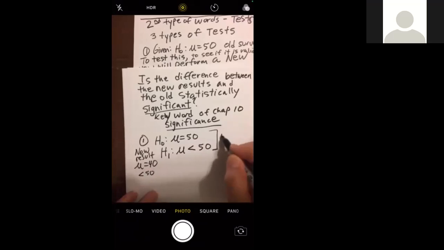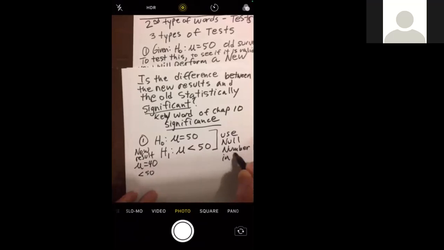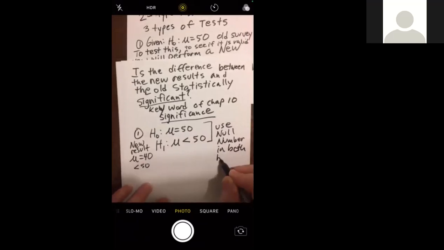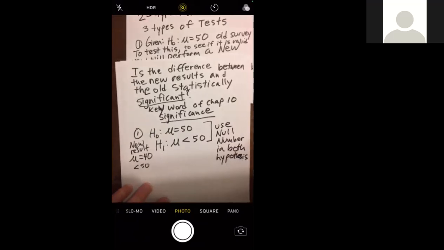You use the null number in both hypotheses. That's one of the technical things about this. You do not use the 40 here. It will be used later, like next week, when we show you where it comes in. But you do read that it's less than 50. So those are your two hypotheses.